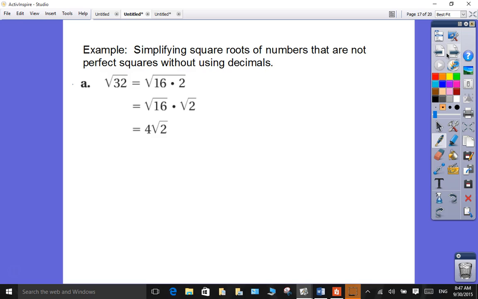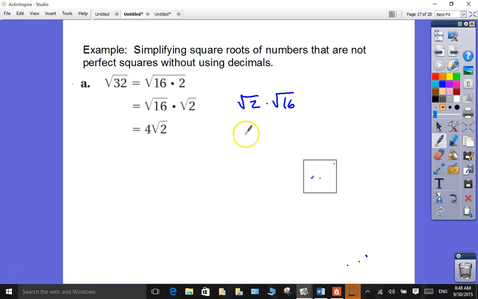Could you do it where it's 2 times 16 and then it just flips around? No. If you ask, what if I wrote it like the square root of 2 times the square root of 16? The square root of 2 can't be simplified, and the square root of 16 can.